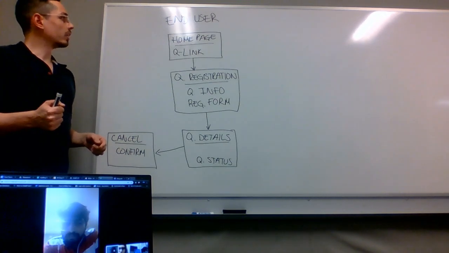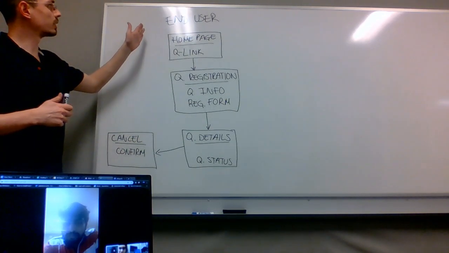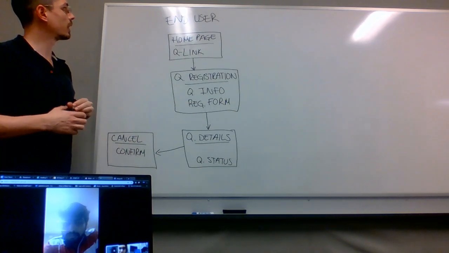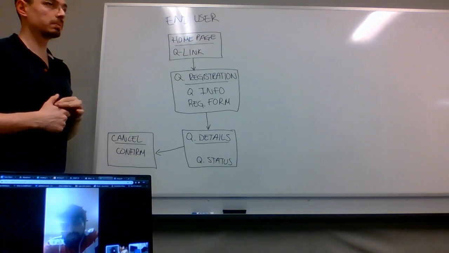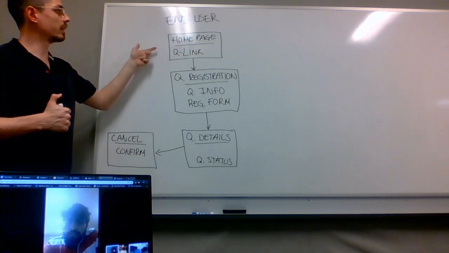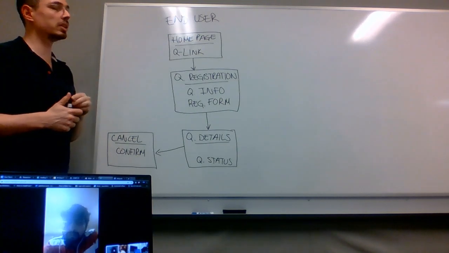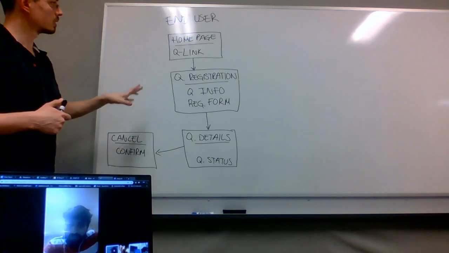Right. Okay. So do we have the entire end user prototype? Are we missing anything that the end user should be doing or capable of doing? I don't think so.